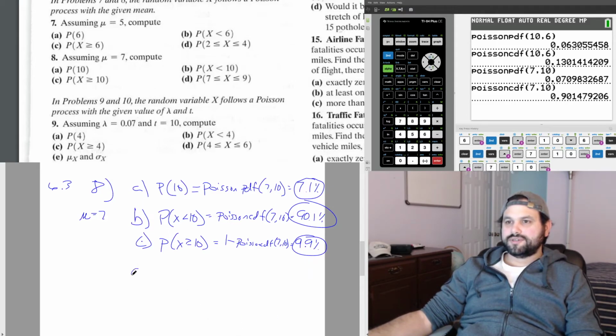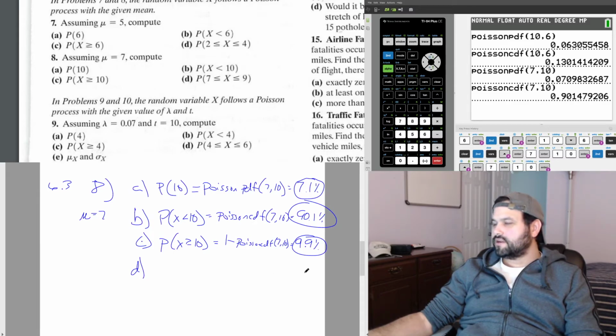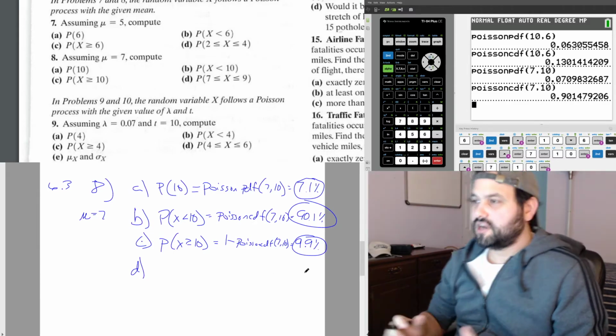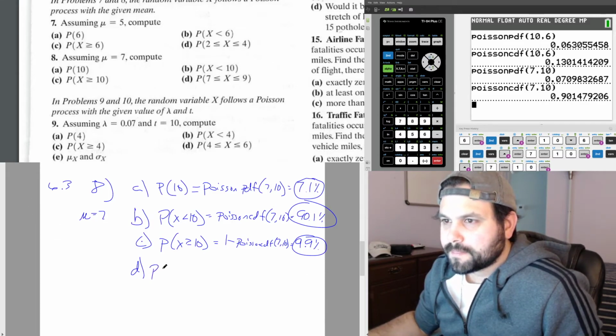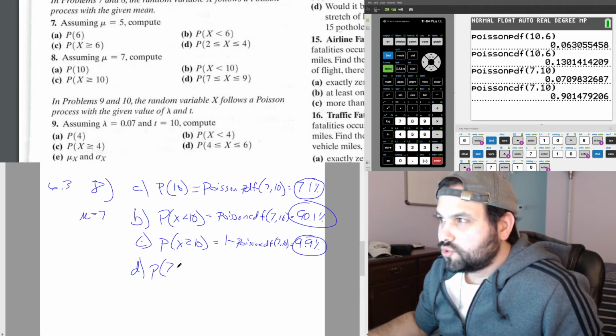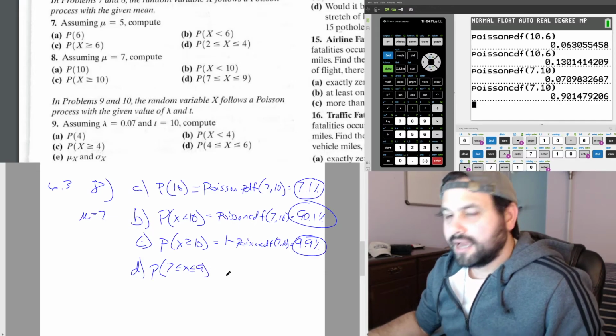And now part D, which is really the one I wanted to go over because that's not the example we've done yet. So part D, how about the probability of being between 7 and 9?